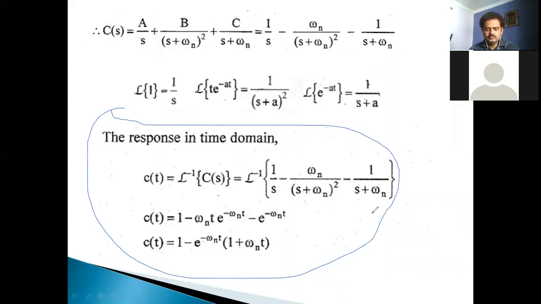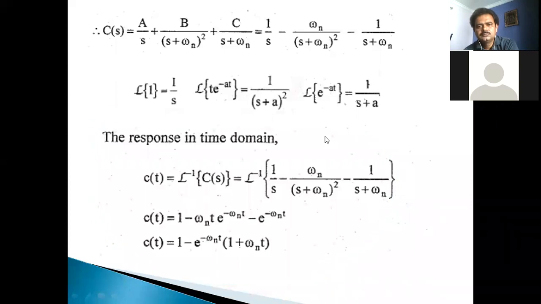Try to do or practice these derivations so that you will get confidence. You can solve examples based on the same partial fractions.